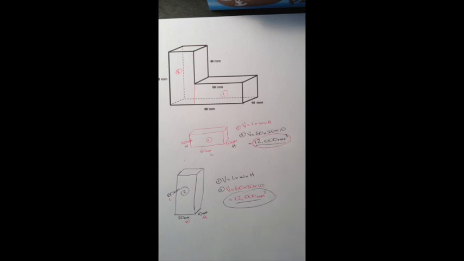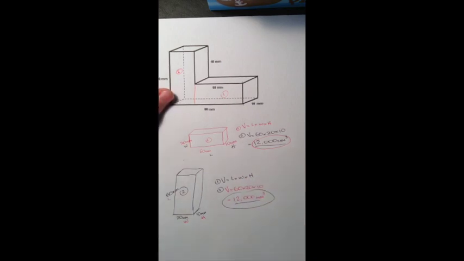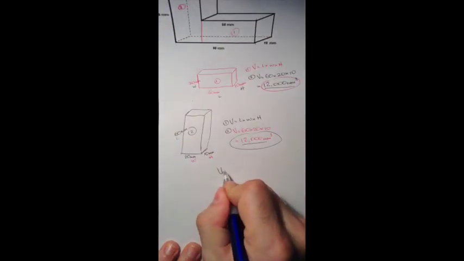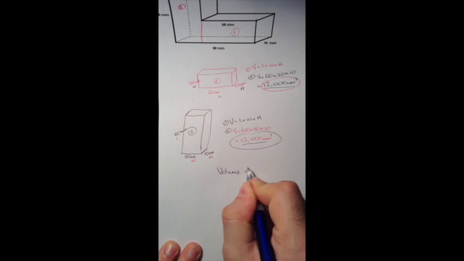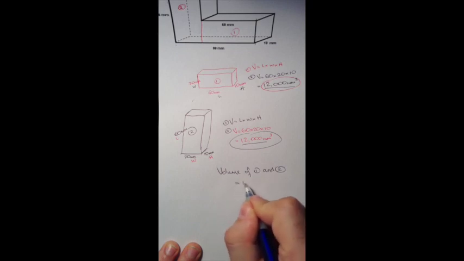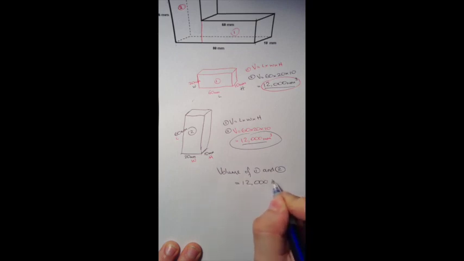Now all we need to do is add these two answers together, okay? So volume, let's find our small little space underneath here. If we say volume of shape number 1 and shape number 2, all right, is equal to 12,000 plus 12,000.